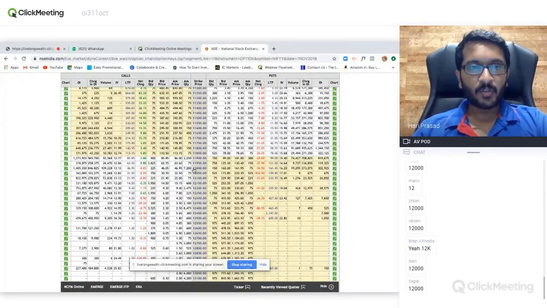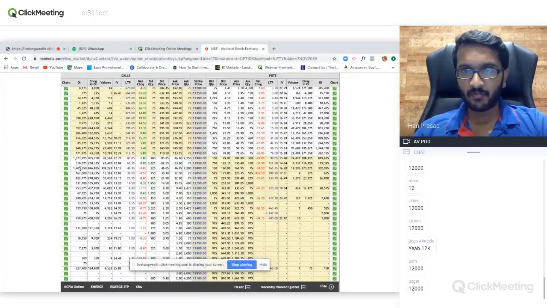12,000, right? So the maximum number of call buyers expect the strike price 12,000. While in the put table, where is the maximum open interest existing?